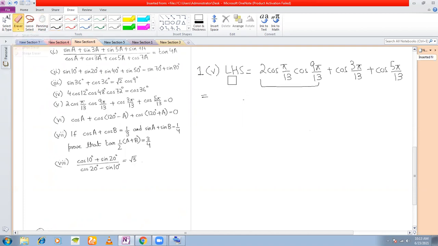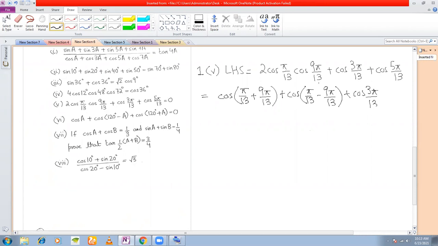Change this to a sum. Formula is cos A plus B plus cos A minus B. And you write these two as it is, cos 3 pi by 13 plus cos 5 pi by 13.